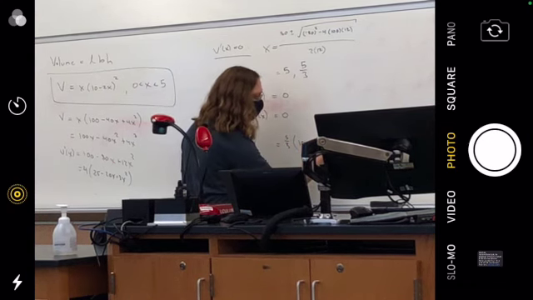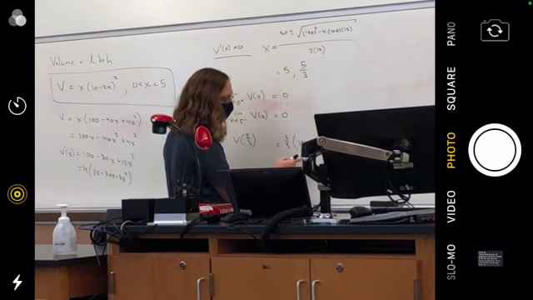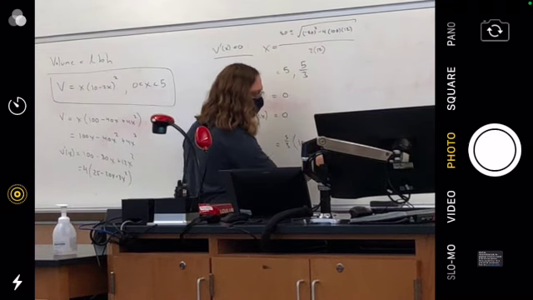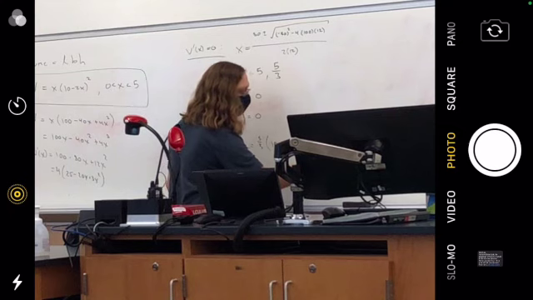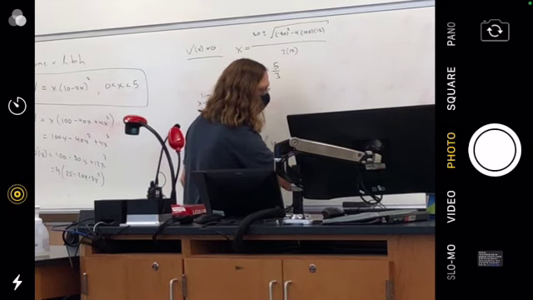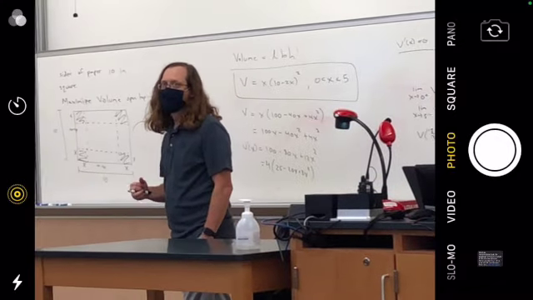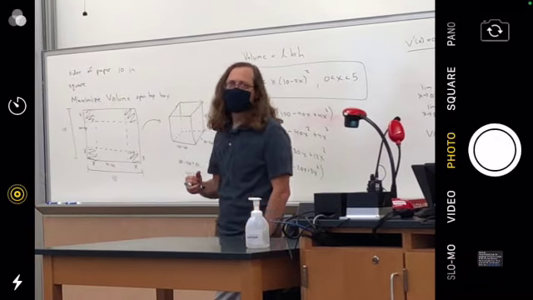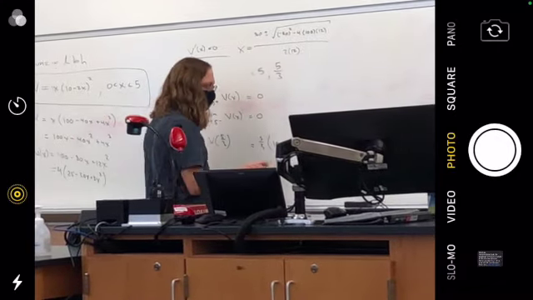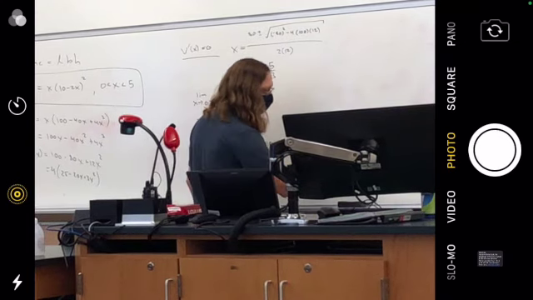So 5/3 times, what's that? 10 minus 10 over 3. So what is 10 minus 10/3? 20/3. How do you do that? 30 minus 10, so 20 over 3.